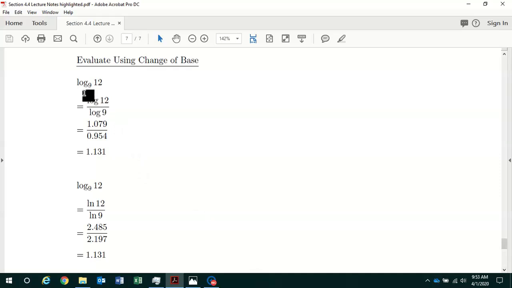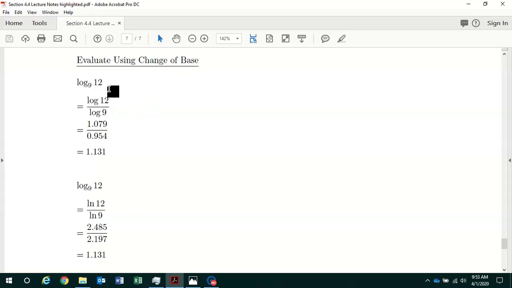We're going to calculate log base 9 of 12. Again, if you have the right software on your calculator, there's a function key, you just type in log base 9 of 12 and it'll tell you the answer is 1.131. You don't have to do the change of base. But if you don't have the software, then you've got to do the change of base formula.